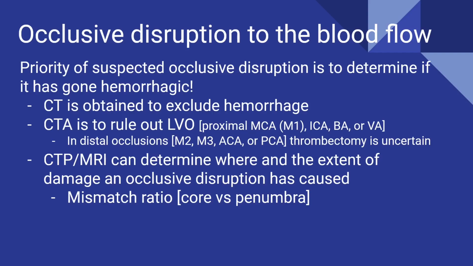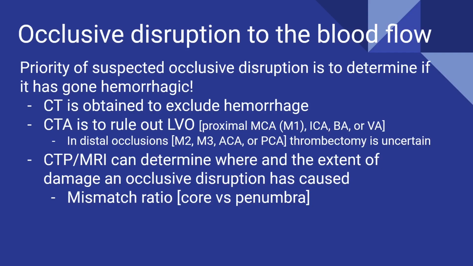CT perfusion or an MRI can also determine where an occlusion is and to what extent the damage is caused. If you do a program called ENLS, it'll kind of explain a lot of why they do the MRIs and how they're looking at this idea of a mismatch ratio.